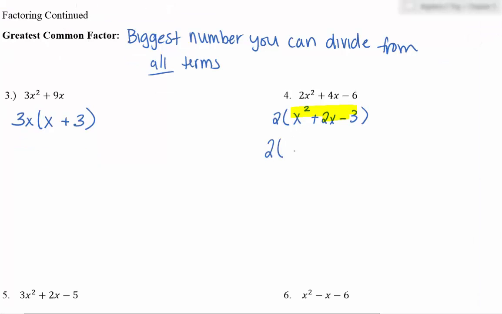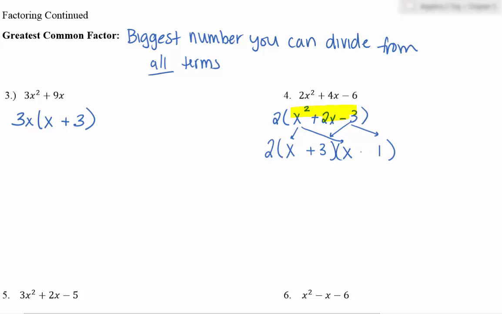So the 2 is going to stay chilling out front. And I'm going to make my 2 sets of parentheses. And I'm factoring now what's inside the parentheses. So this is a 1x squared. So then I'm looking for 2 numbers that multiply to negative 3 and add to 2. Right? Because my 3's have to split and my x's have to split. So I have a 3 and a 1. That's 3 times 1, the only thing that multiplies to 3.